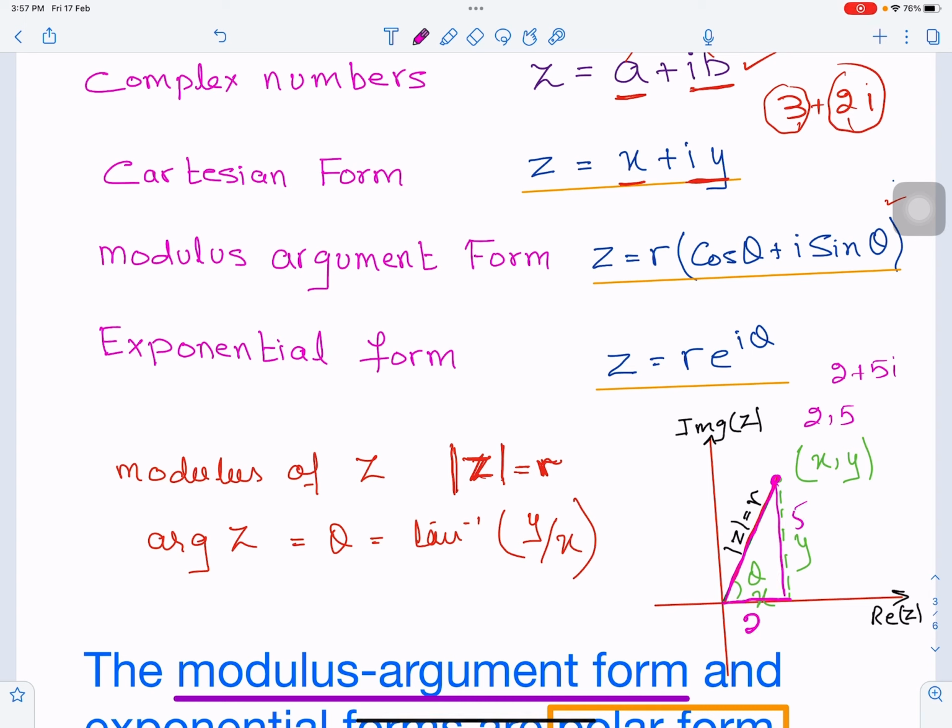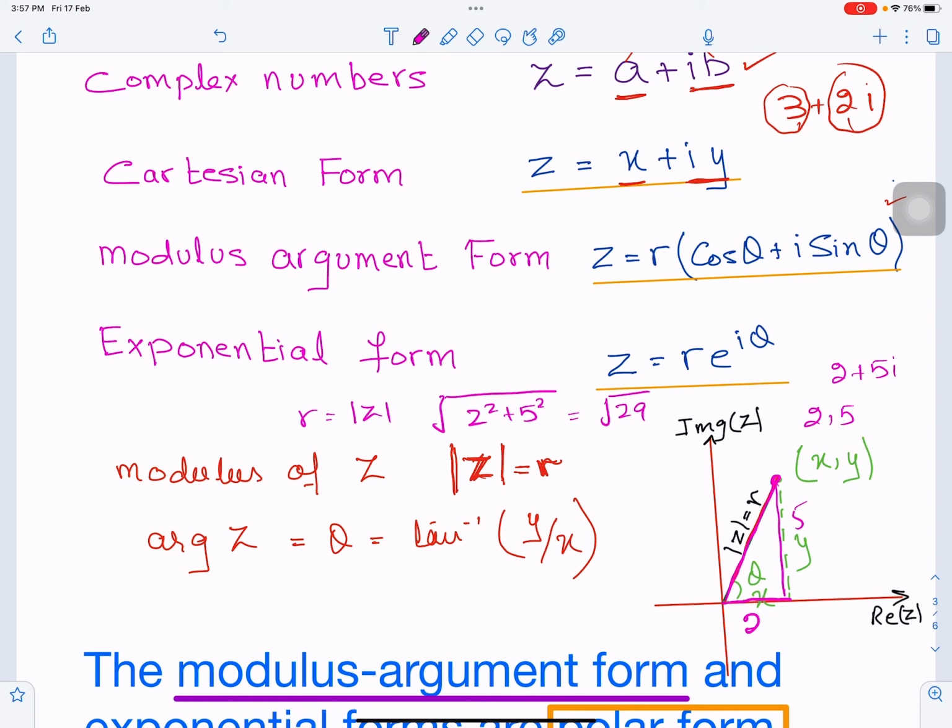If you want to find out modulus of z, what will you do? You will apply Pythagoras theorem. So it will become 2 square plus 5 square, which is 25 plus 4, that is 29. So modulus of z or r will be equal to root 29, right?